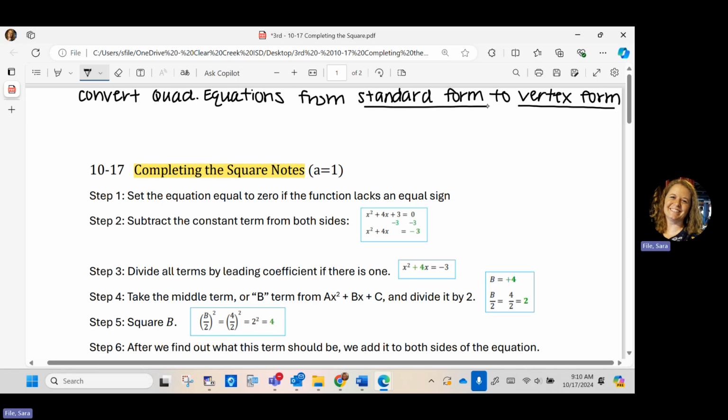Okay, so now what is standard form versus vertex form? Do you remember? So standard form is what we were looking at last week when we were factoring trinomials.